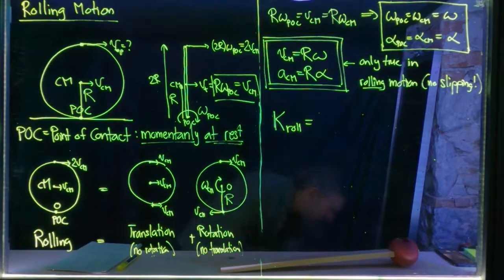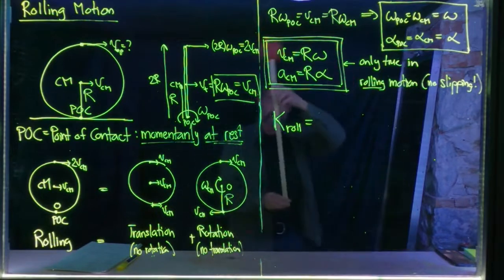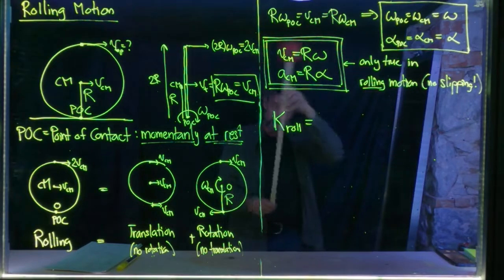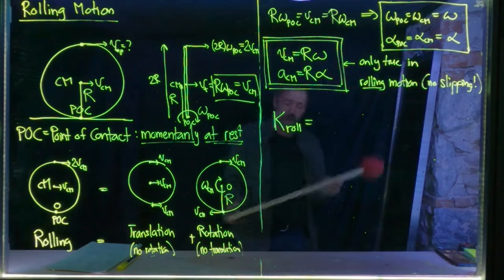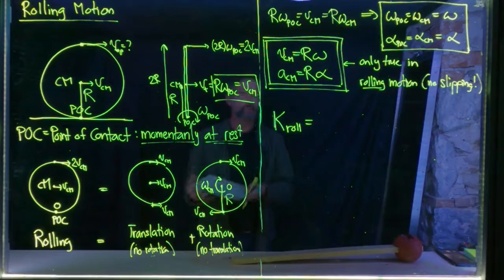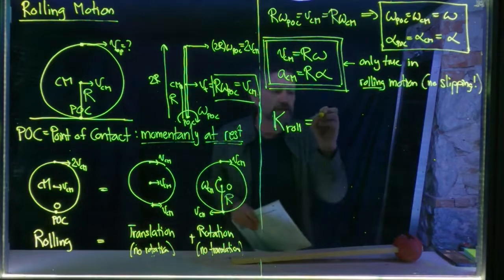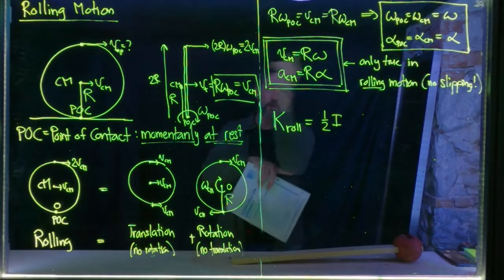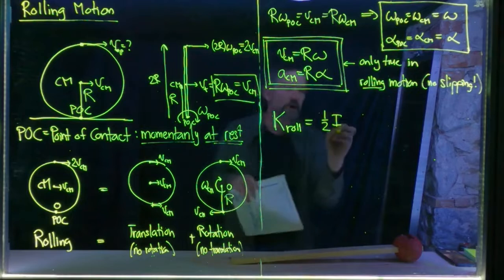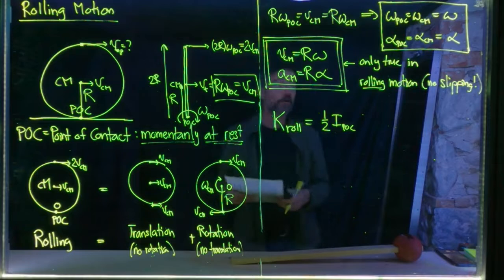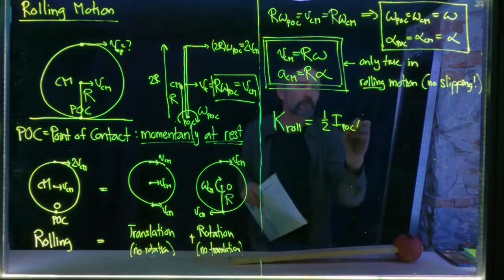Okay, and so there's definitely a kinetic energy associated with this kind of rotation about the point of contact. Okay, and so what is that? Well, for rotational motion, kinetic energy is 1/2 I omega squared. So in this case, it's 1/2 the moment of inertia for rotating the wheel about the point of contact. So it's I point of contact times omega point of contact squared. Oh, but that's just omega squared.